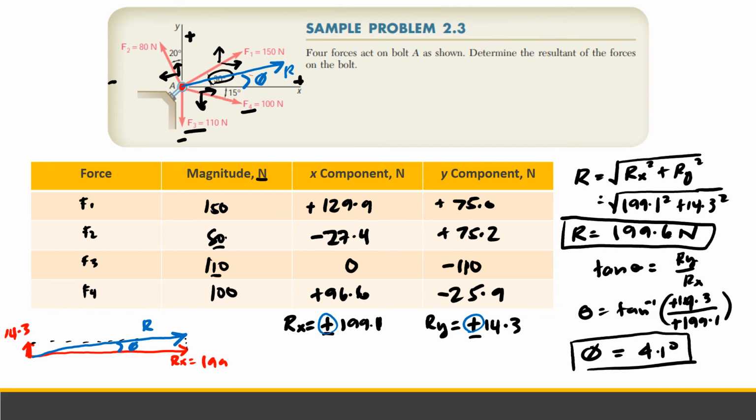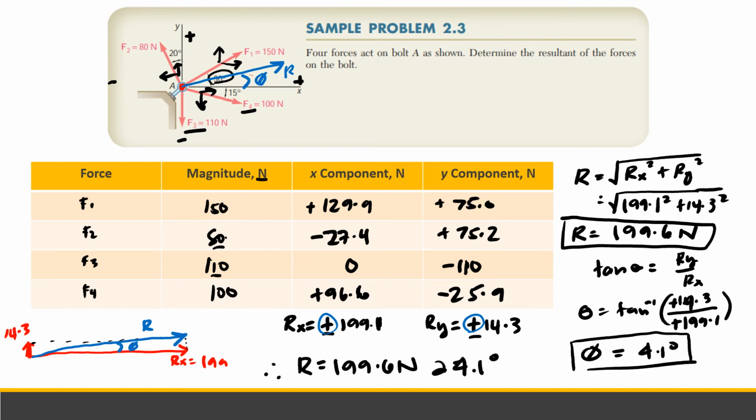So therefore, the resultant is equal to 199.6 Newton at 4.1 degrees.